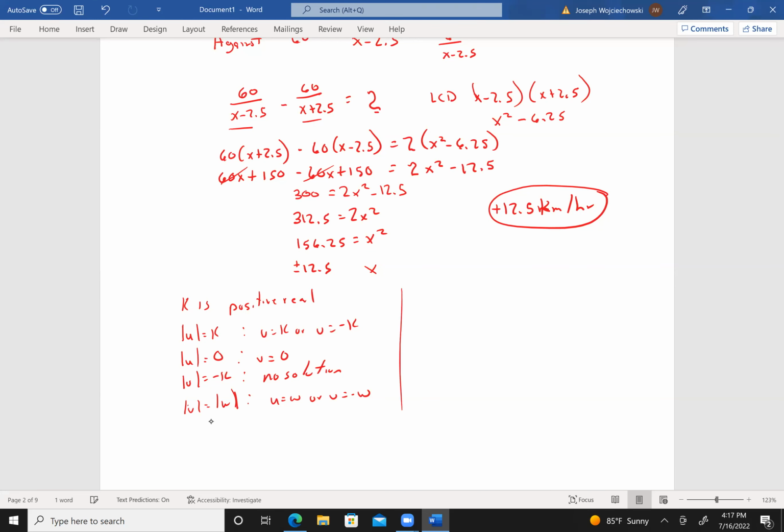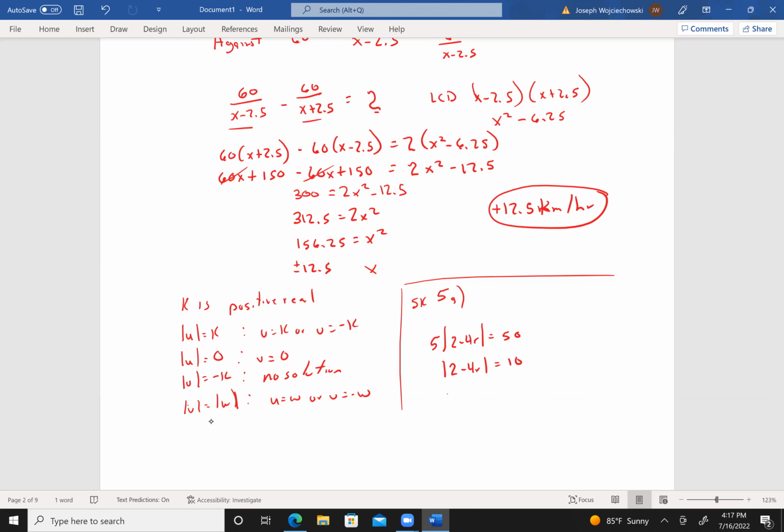So let's look at skill practice 5 here. I'm just going to do A. 5 times the absolute value of 2 minus 4r equals 50. Our first step, I would divide by 5. The absolute value of 2 minus 4r equals 10.